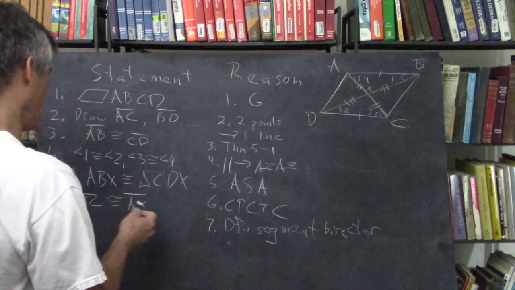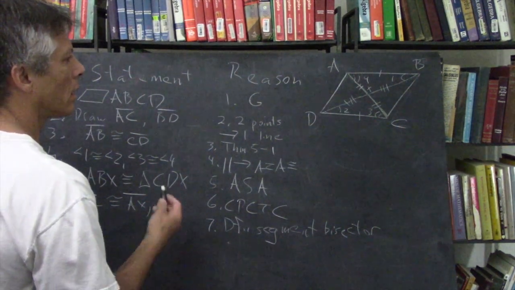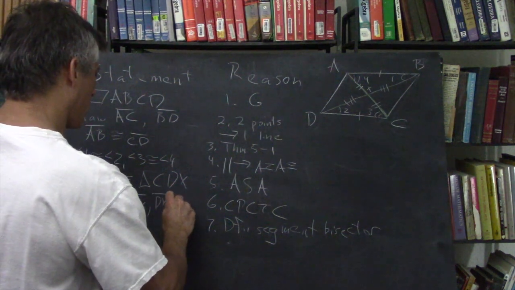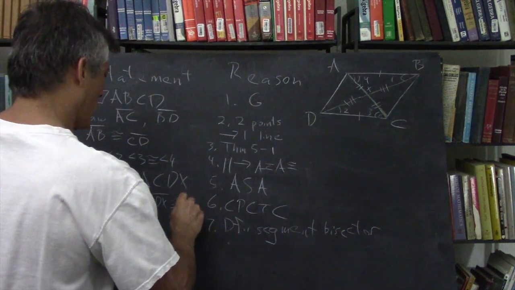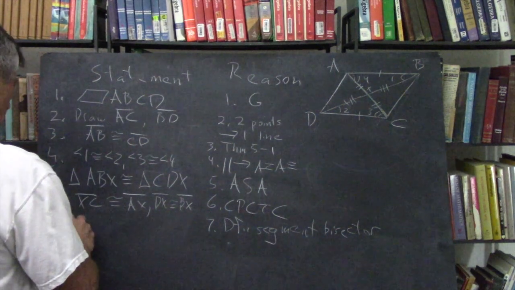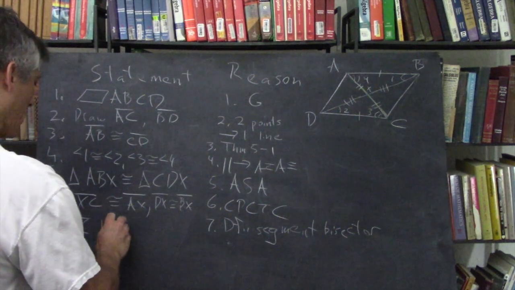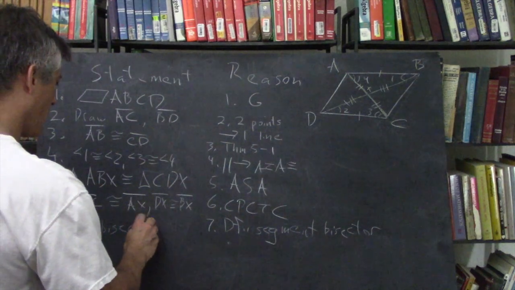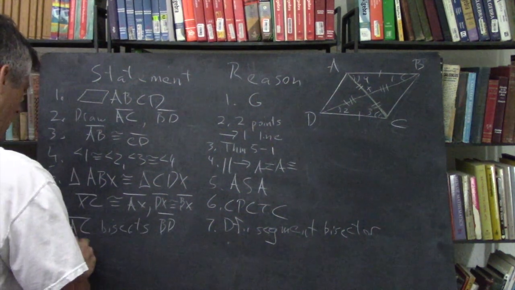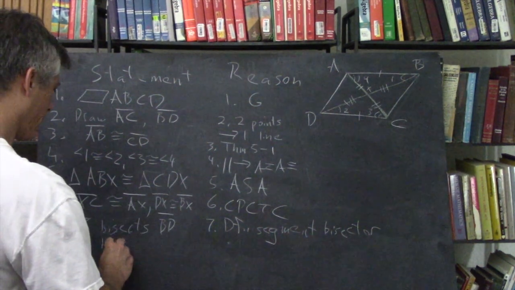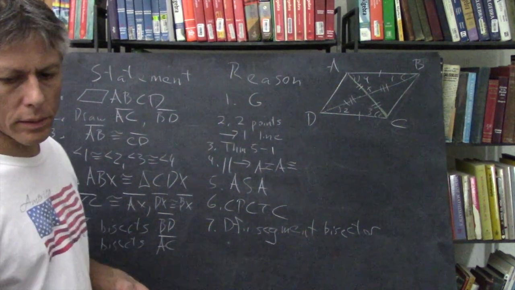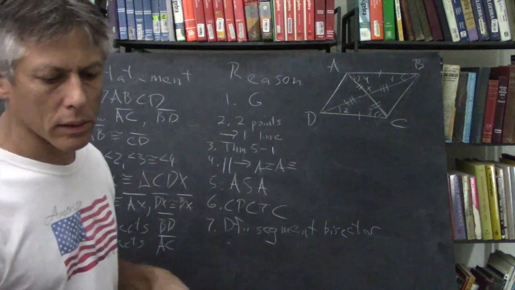So XC congruent to AX and DX congruent to BX, and then AC bisects BD, BD bisects AC. Alright, so it just goes together. And we're done. Alright, let's work a few exercises.